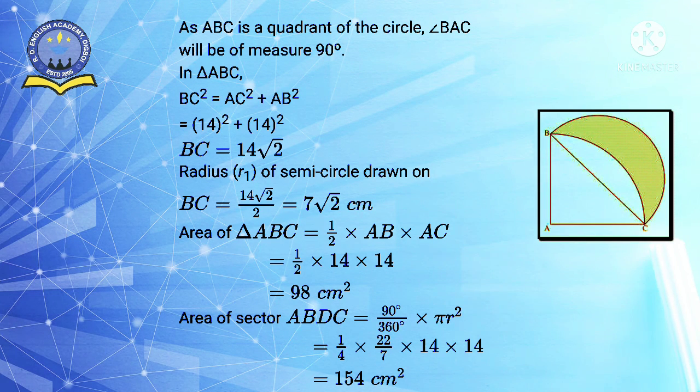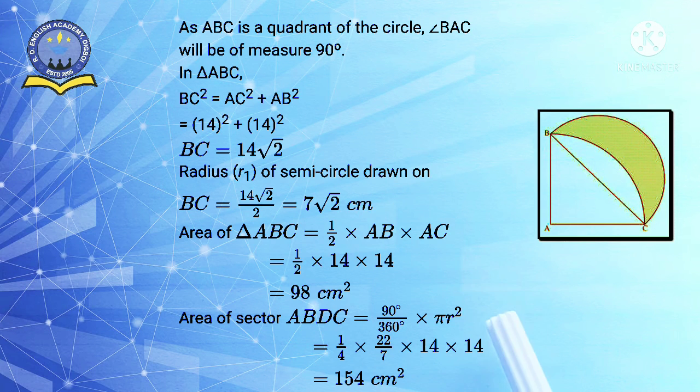We don't know BC, which is the diameter. The radius of this quadrant is given: 14 centimeter. So our first task is to find this diameter.